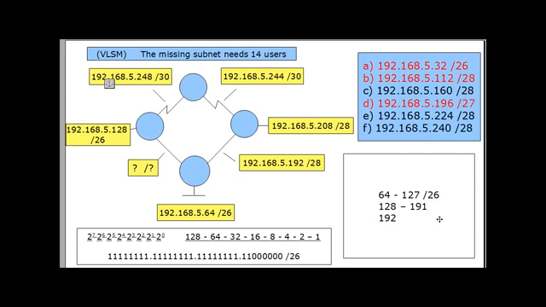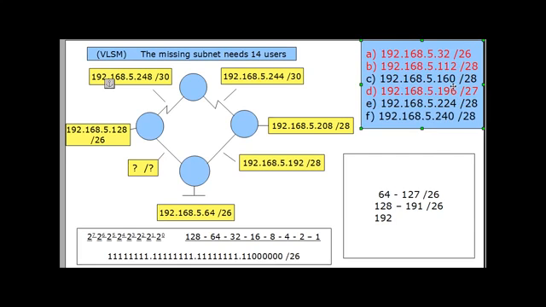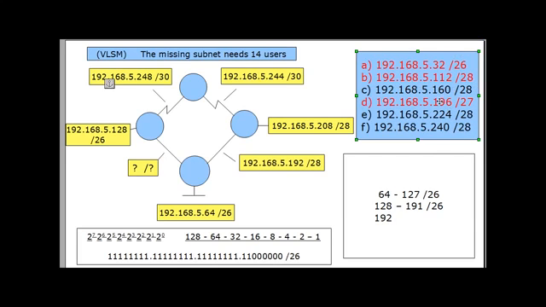So this /26 network goes from 128 to 191, all right? And that means that this 160, choice C in the answer choices, is impossible because it's already being used by this network over here, which goes from 128 to 191.